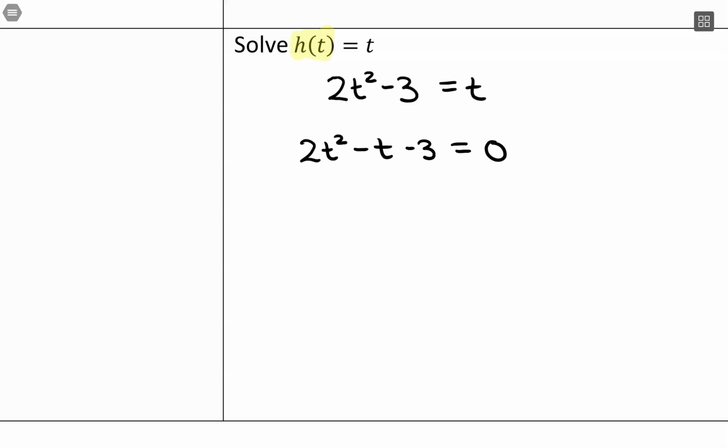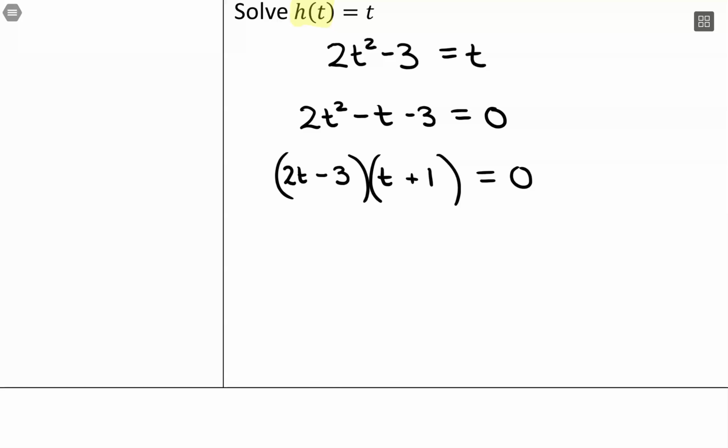You can use the AC method here. This one has pretty nice numbers. You could use the trial and error method. So I know I'd have 2t and t, and then I'm going to have a positive or -1, positive or -3. It should come out to 2t minus 3 times t plus 1. So we have factors.